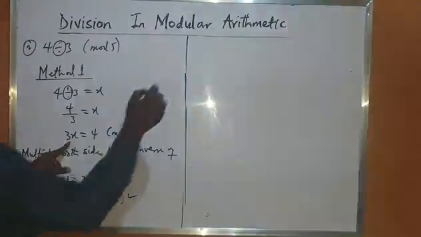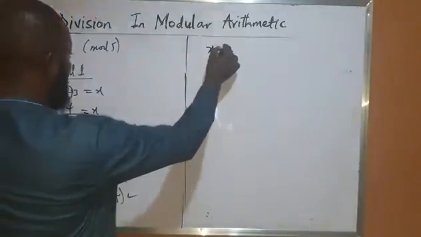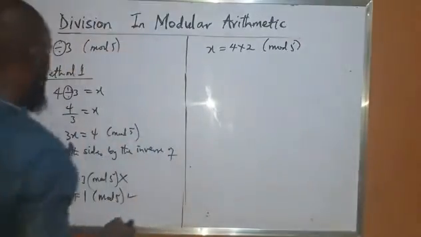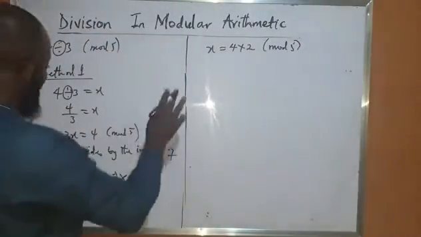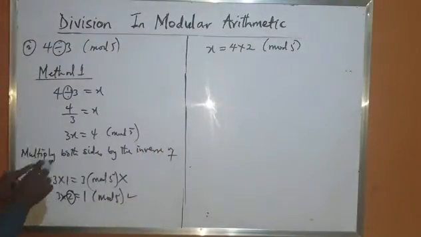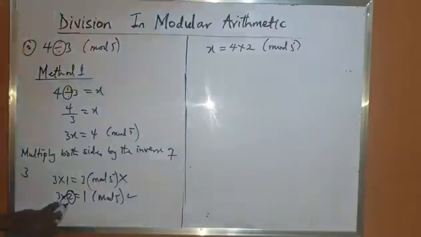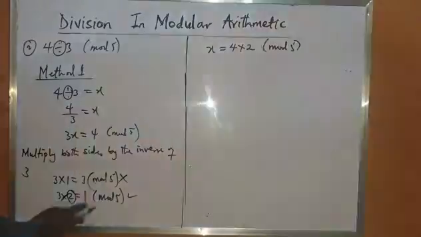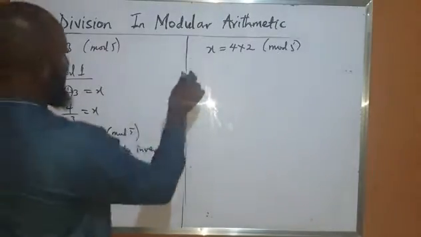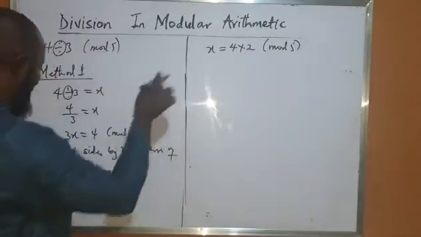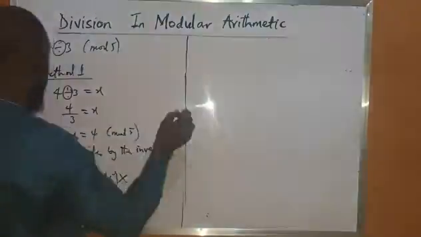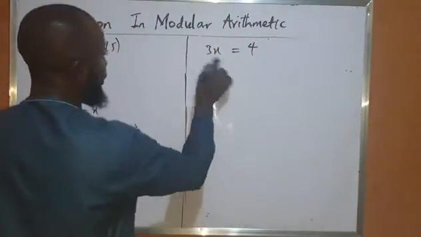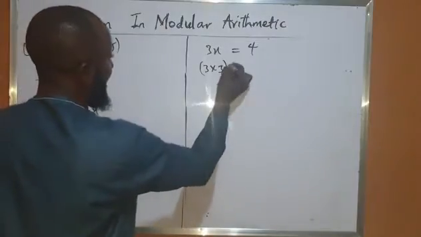So we now come back to this. So x will then be equal to 4 times 2 in mod 5. I hope this is clear. So let me clarify this point. We have 3x equals 4. So what we're going to do now is 3 times 3x equals 4.